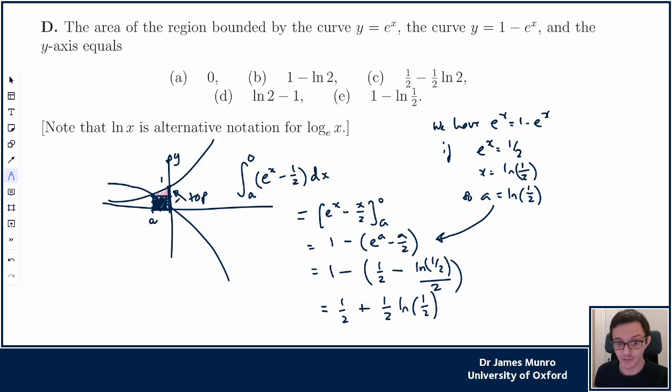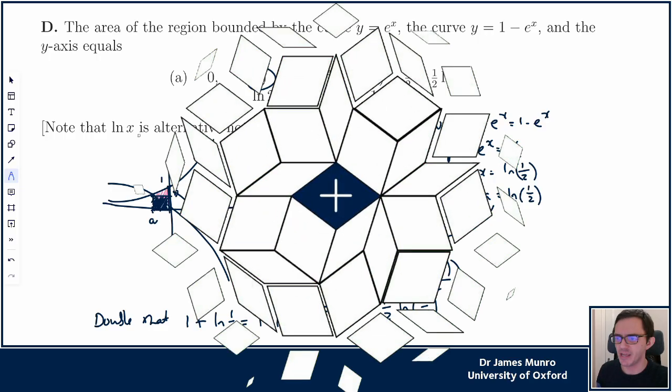Well, that was just the area of the top bit. I want the area of the whole region, so I need to remember to double. If I double that, I get 1 plus natural log of 1/2, which, comparing to the options I've been given, is pretty close to this one, but it's not this one. It's the same thing as 1 minus natural log of 2, which is option B.